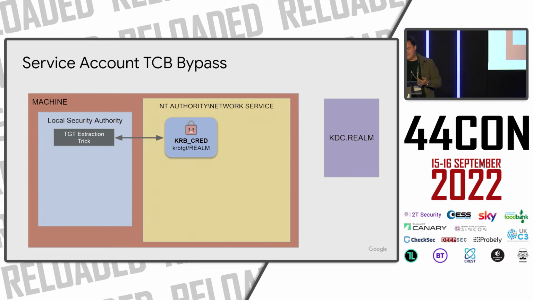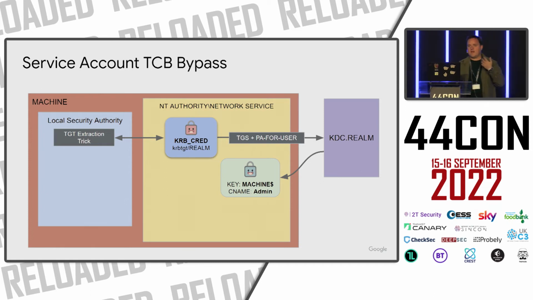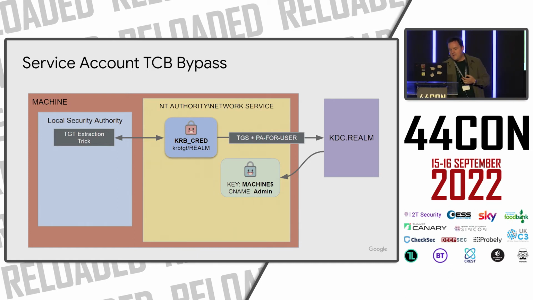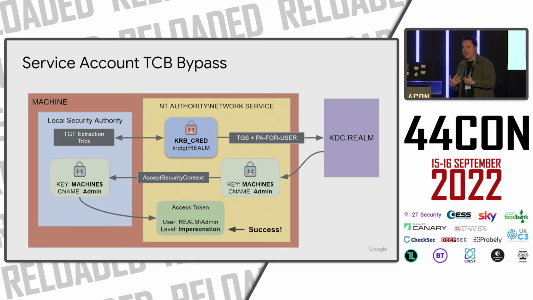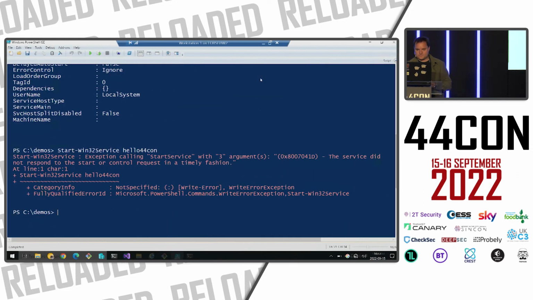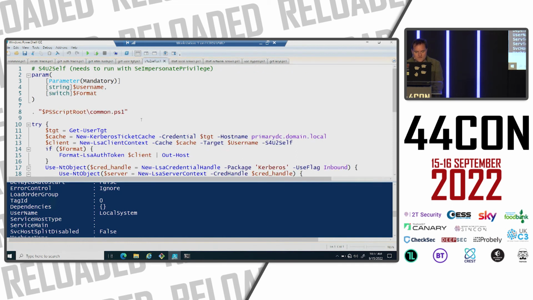So if we get the TGT for that network service user, we can actually do all those things that the system was doing for us when we called LSA logon user, but never give it a chance to actually restrict our access. So we can just negotiate that, get an access token, and we've now got full access to that user. So again, we can go into here, S4U to self.